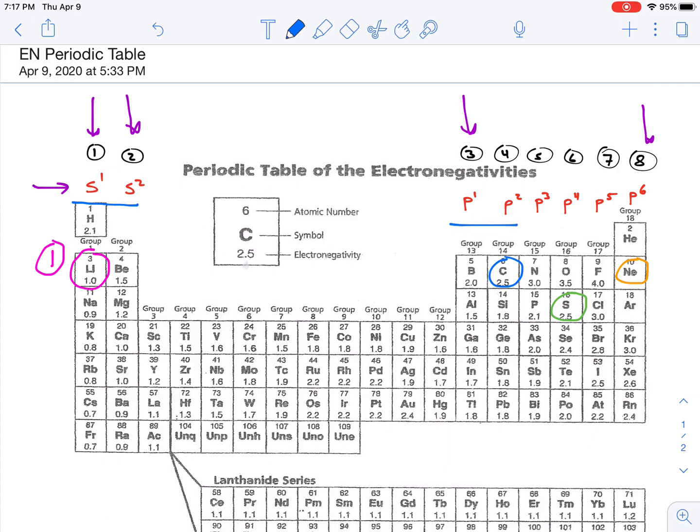If you put those 2 and 2 together, you get 4. So carbon has 4 valence electrons. Sulfur has, again, the 2 S's, but it has 4 P's, so it has 6 valence electrons. And neon has the 2 S's plus 6 P's, therefore it has a grand total of 8 valence electrons. It's already got its full octet. That describes why it's a noble gas, why it doesn't bond, why it doesn't want to gain or lose electrons.